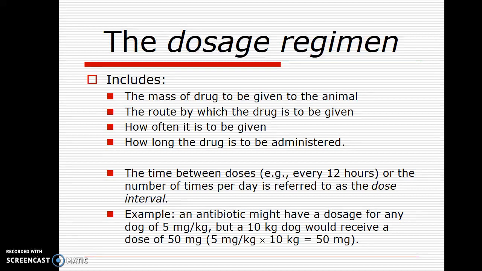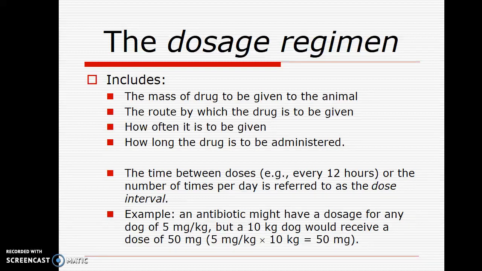So that time between the doses, how often it is to be given, is also referred to as a dose interval. So it might be every 12 hours, every 8 hours, and then how long the drug is to be administered is usually expressed in terms of days or weeks.